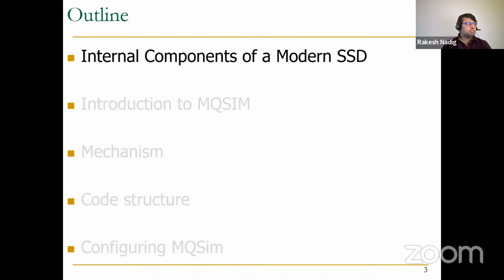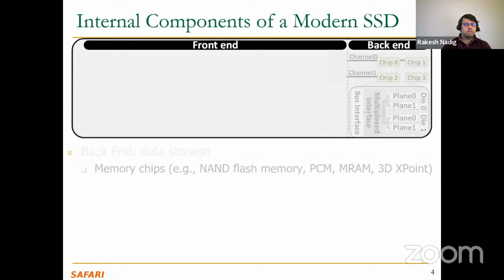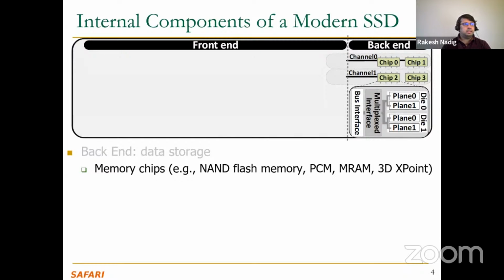So now let's look at the internal components of a modern SSD. A typical SSD has two parts: the front end and the back end. The back end is basically the actual flash chips or flash packages.